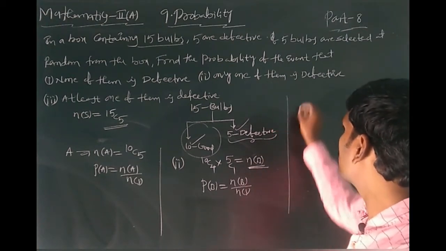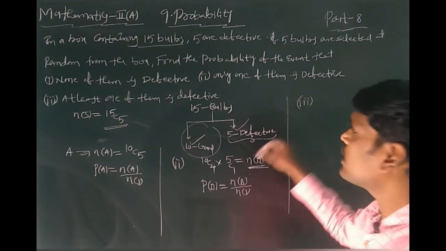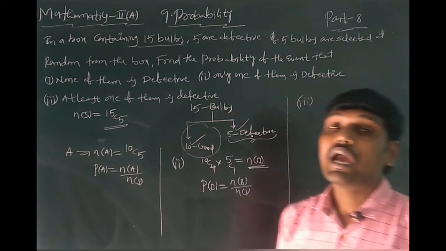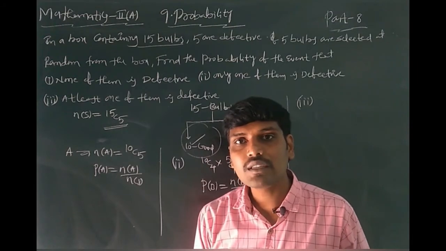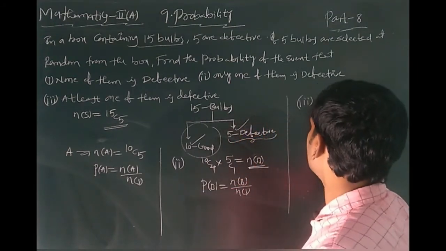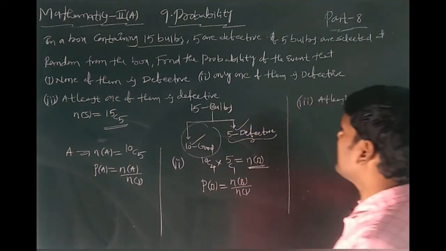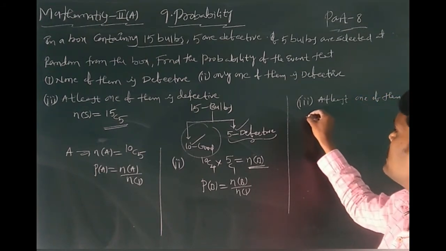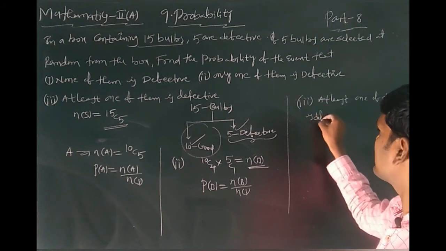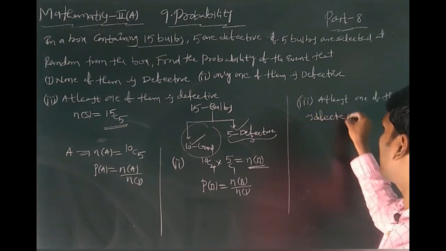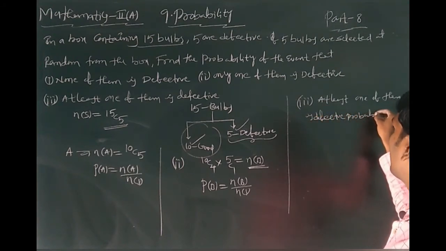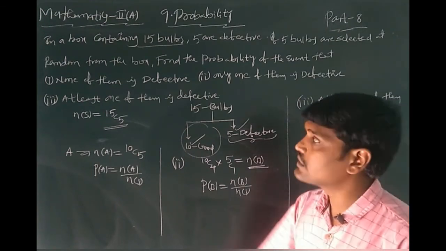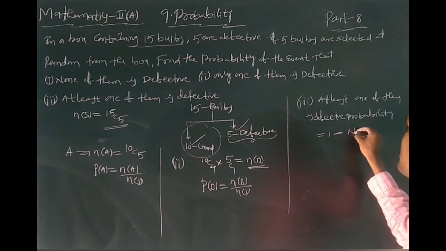Next, you go to the third one: at least one of them is defective. The probability of at least one being defective is equal to 1 minus the probability that none of them is defective.